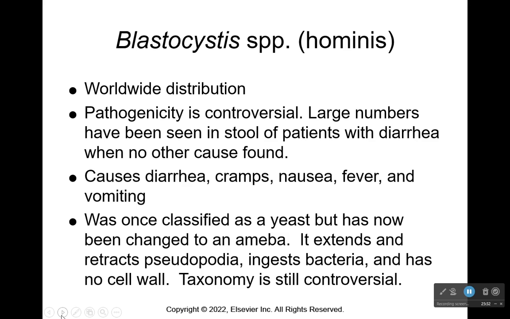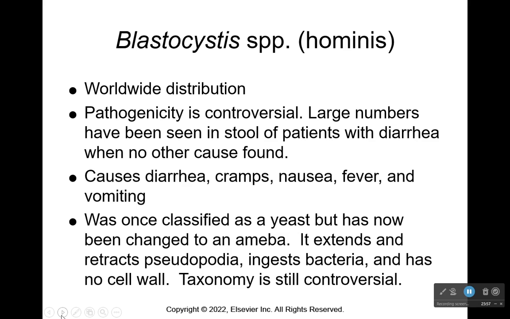This one is very unusual in that it was once classified as a yeast. A yeast is a fungus, not a parasite. Its makeup, the characteristics of it, the way it reacts in testing, it was put in the fungal category and in the yeast part of the fungal category for a very long time.